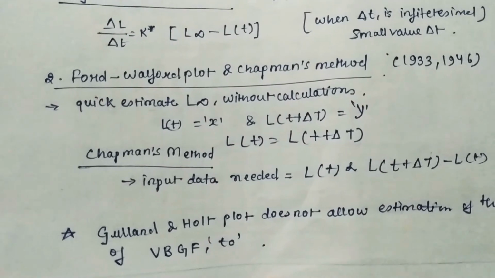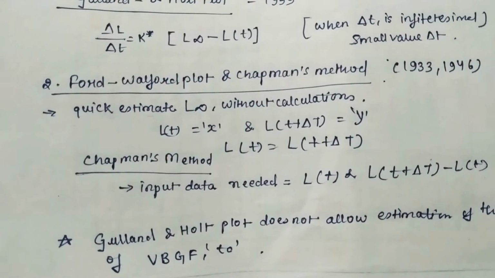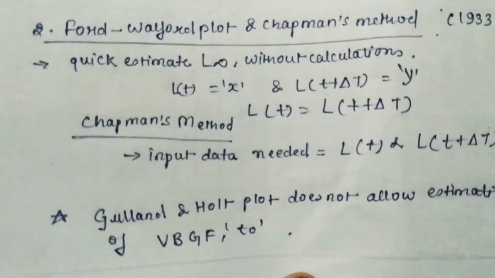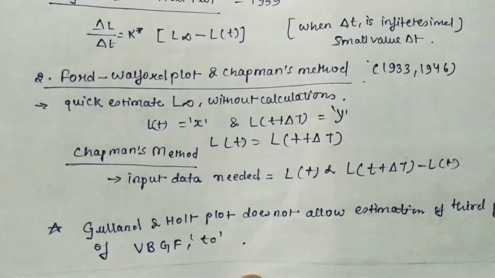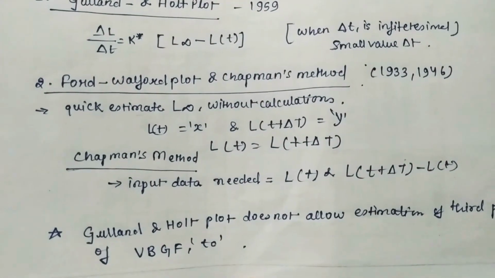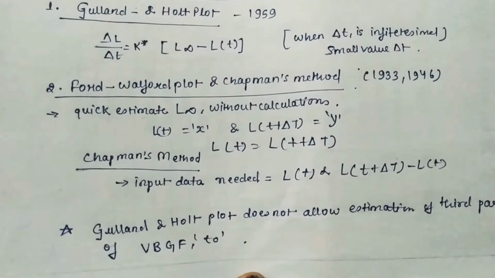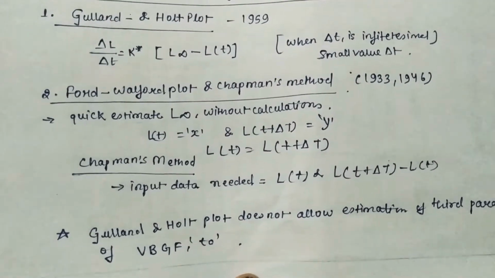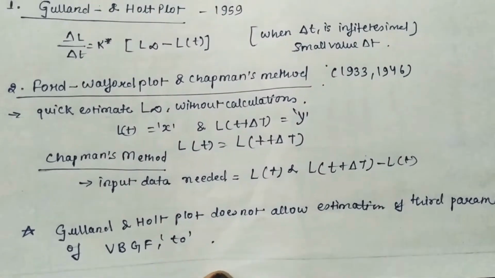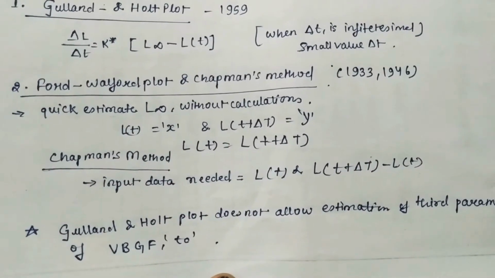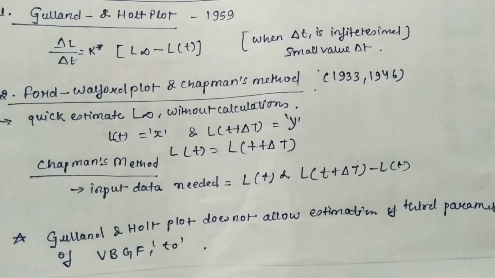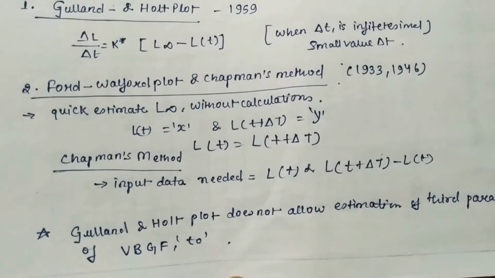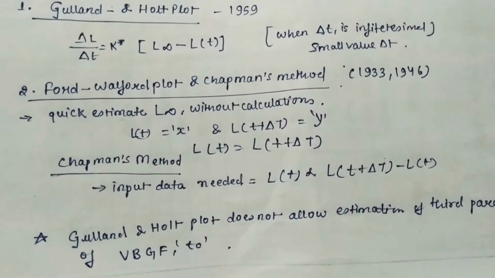These methods are to quickly estimate the value of L infinity without calculation. So if we know these equations, we can quickly estimate the value of L infinity. And the Chapman equation is LT plus delta T equal to LT and so on. Here the input data is given and we just have to remember these equations. The important thing about the Gulland and Holt plot is that it does not allow estimation of the third parameter of the VBGF, that is the von Bertalanffy equation, T naught.